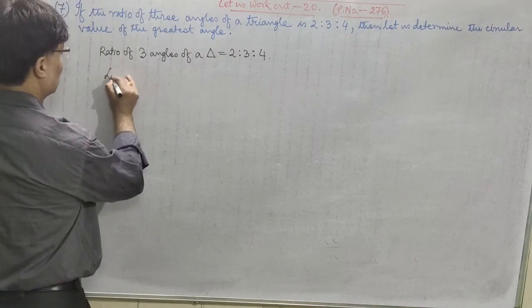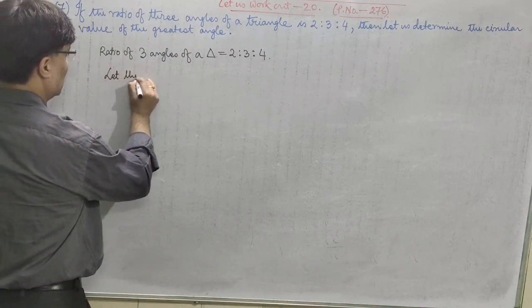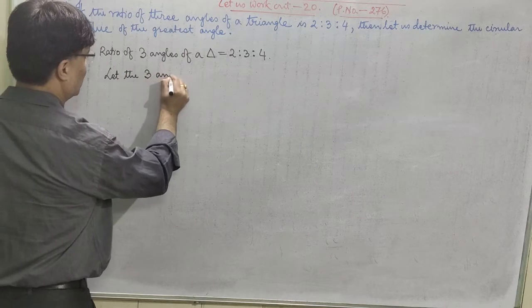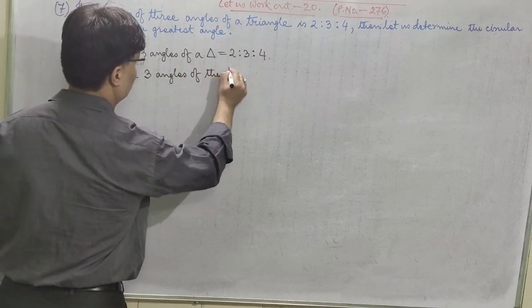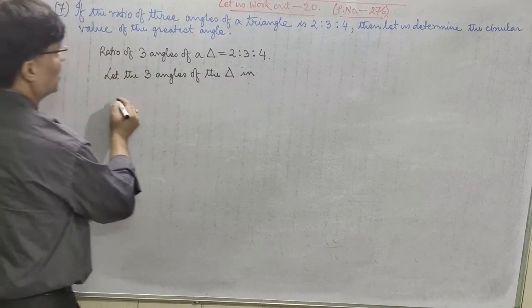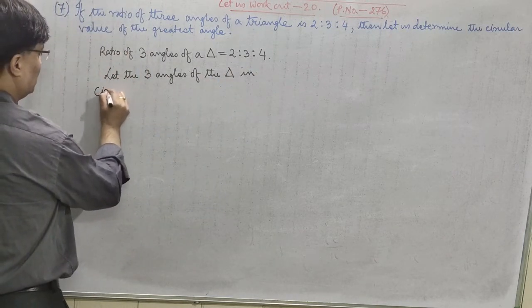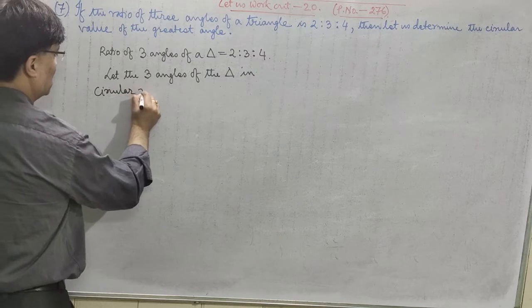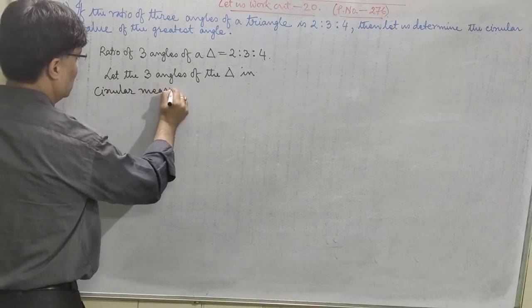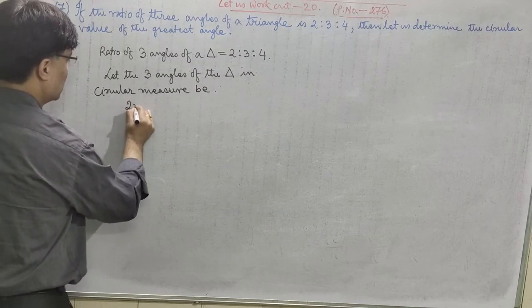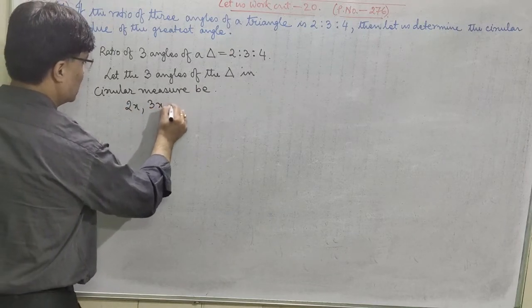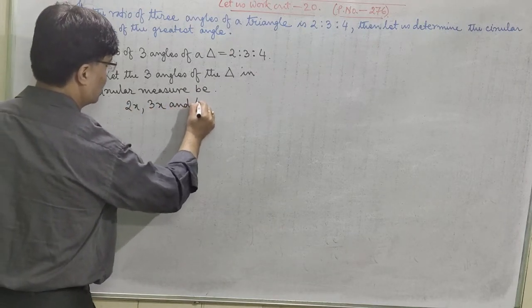So let us write here, let the three angles of the triangle in circular measure be 2x, 3x and 4x.